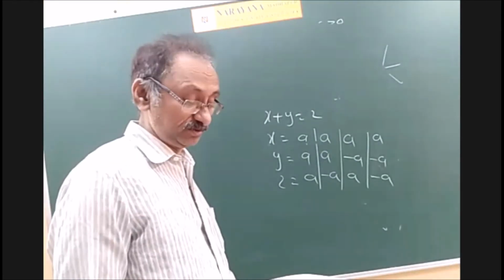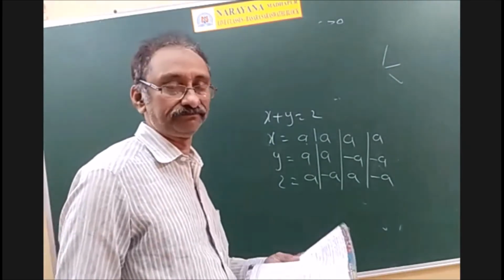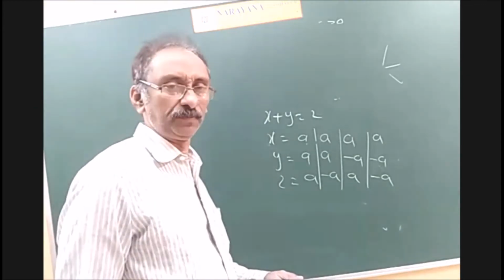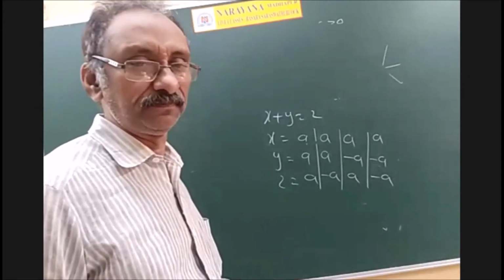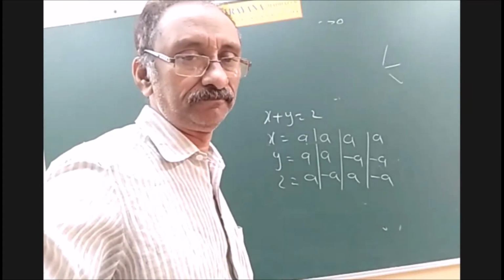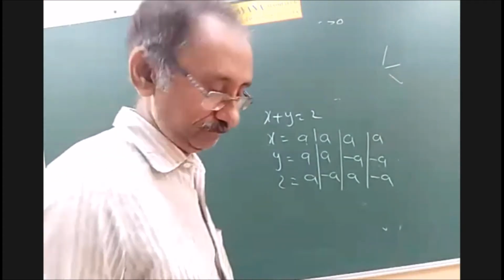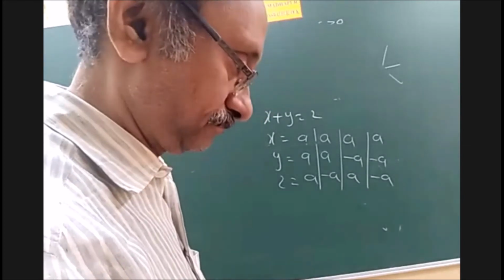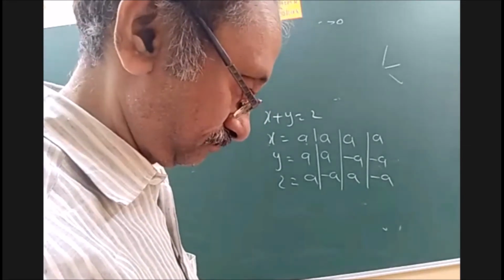Any more doubts? Raise your hands. That means you did all those problems. Vishnu. Hello, sir. Sir, in previous problem, how do you get value of alpha, beta, and gamma?